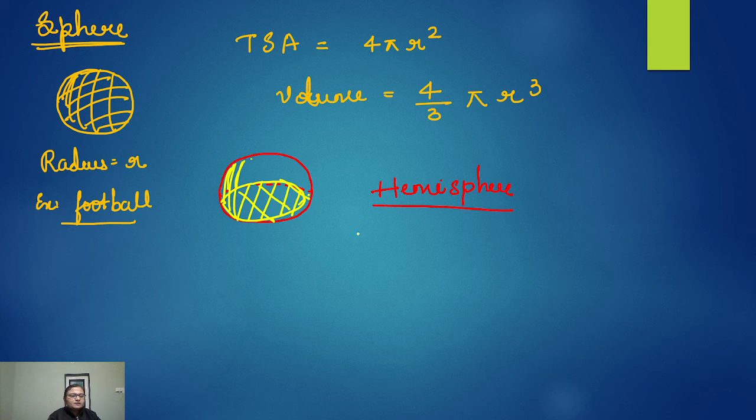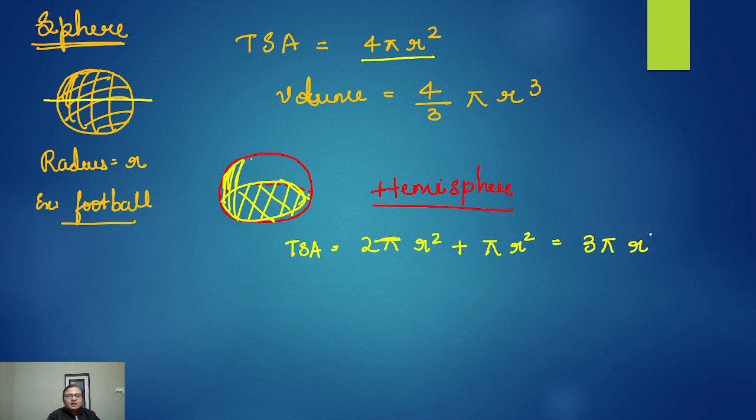Now total surface area: the curved part, half of the sphere, will be 2 pi r square, and one we have at the base, the area of this circle, pi r square. So total surface area is 3 pi r square.